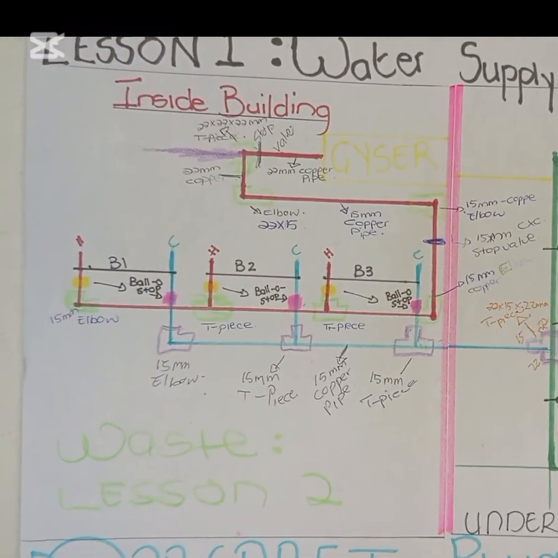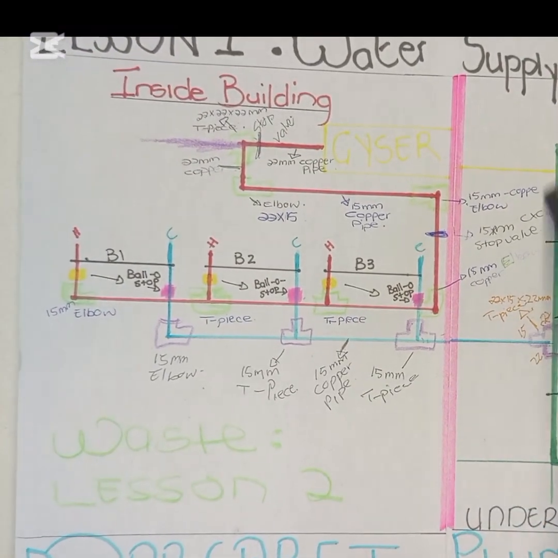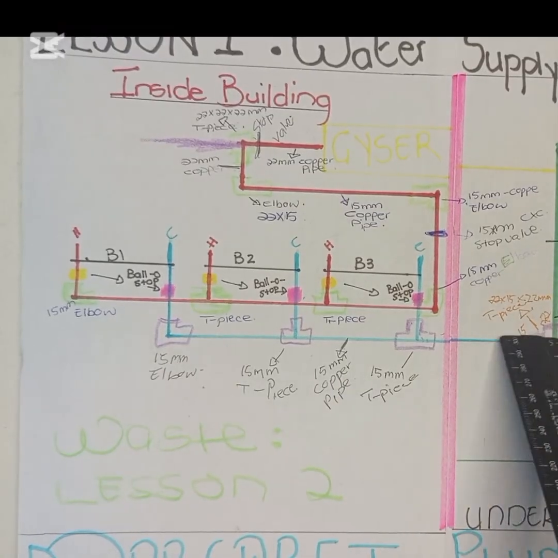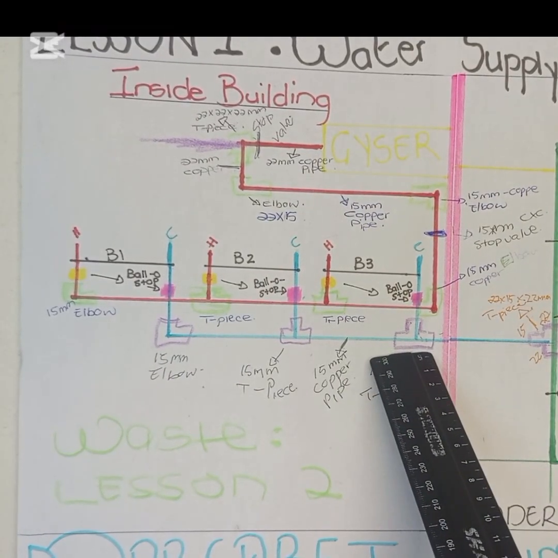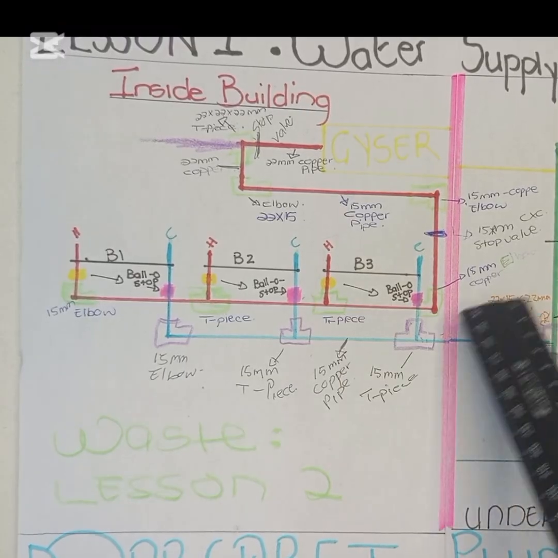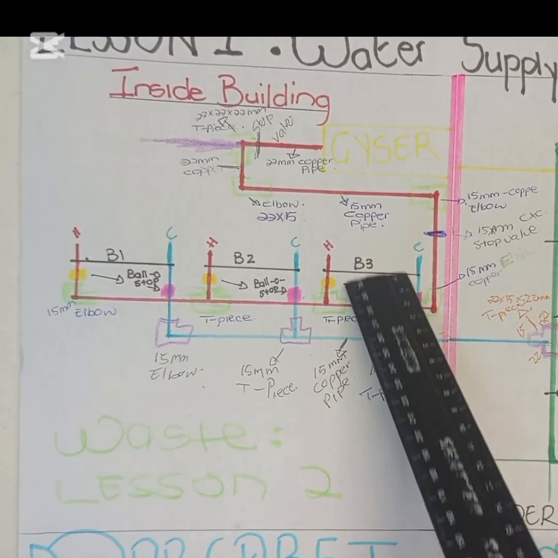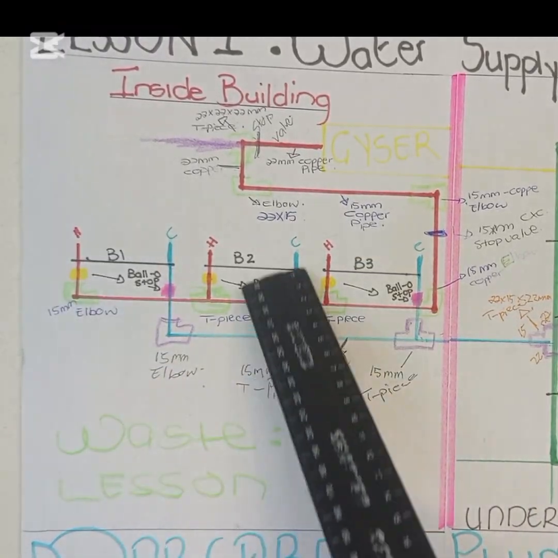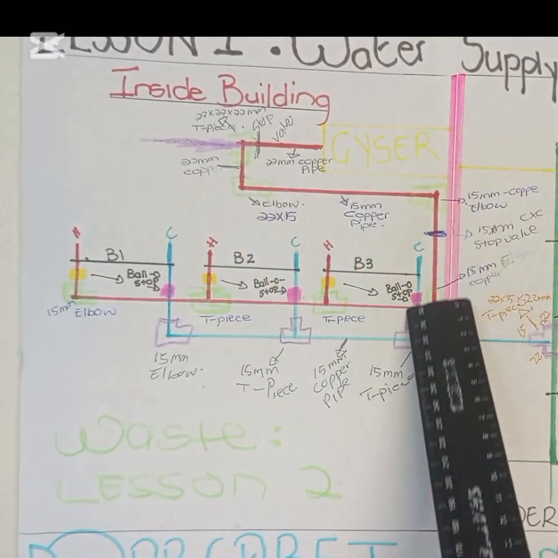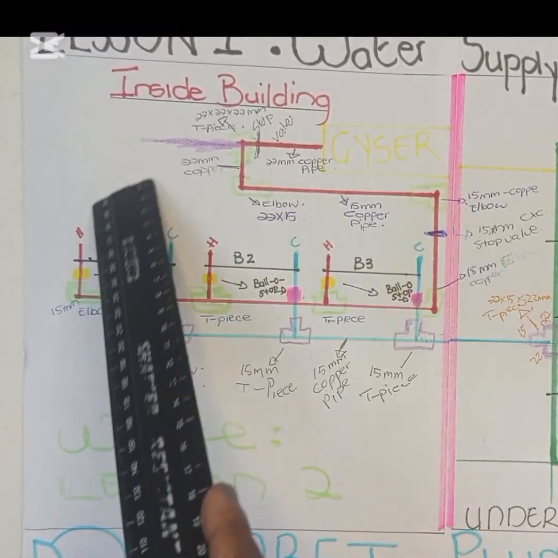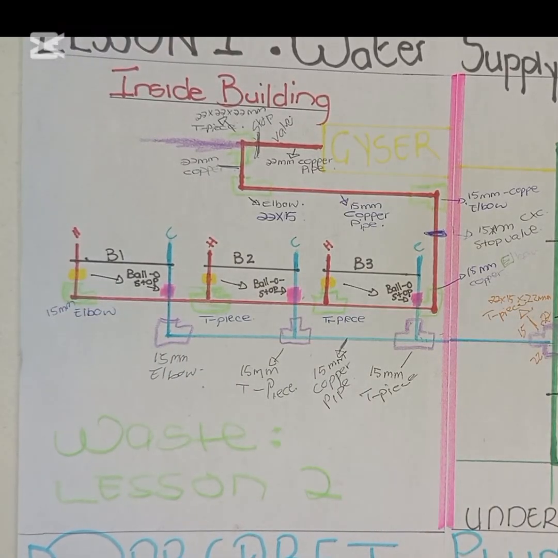And from this pipe we were able to fit the elbow, directing us in 22 by 15 by 22, and took us into the taps. As you can see, we were able to connect the tap, and from the geyser we were able to transport the hot water, ensuring that the basins also have hot water.